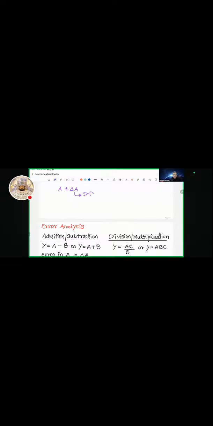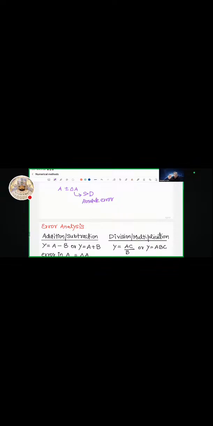What else can we call it? Absolute error is another name, and standard deviation is also a good name. Variance is not it, variance is its square. Okay? Absolute error or standard deviation, anything you can call.